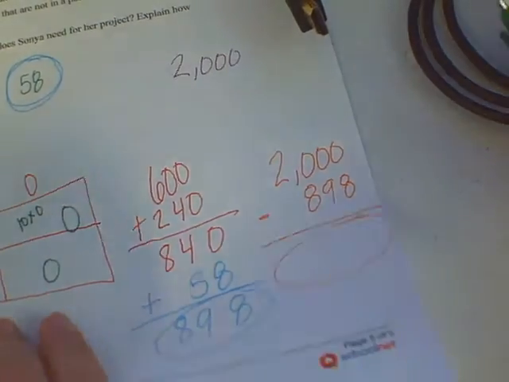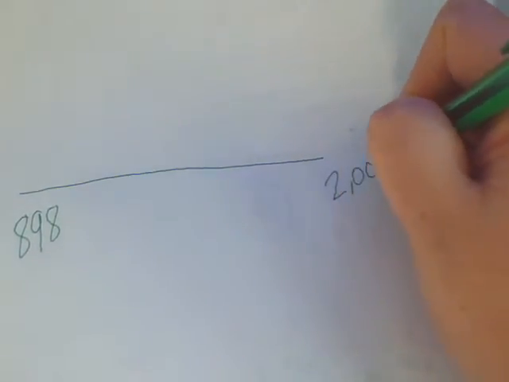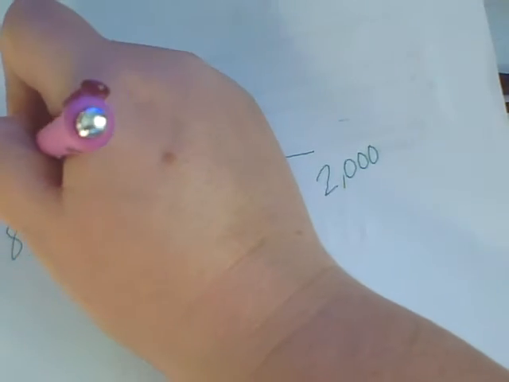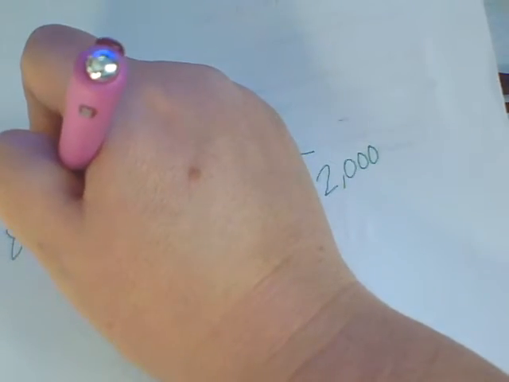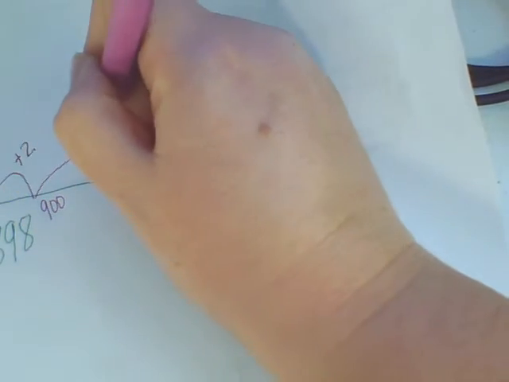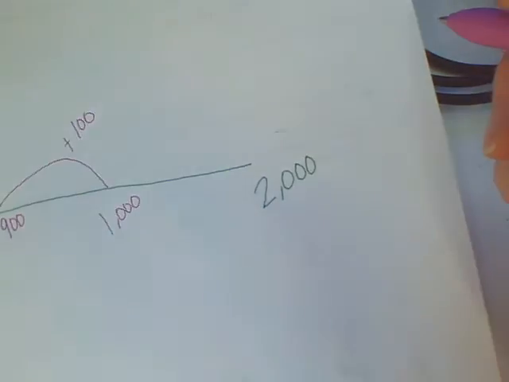And remember, you can play get to. So if you want to start at 898 and figure out how many more to get to 2,000, you can do that. Here's what I would do. If I just add 2, that gets me to 900. If I add 100 more, that gets me to 1,000.